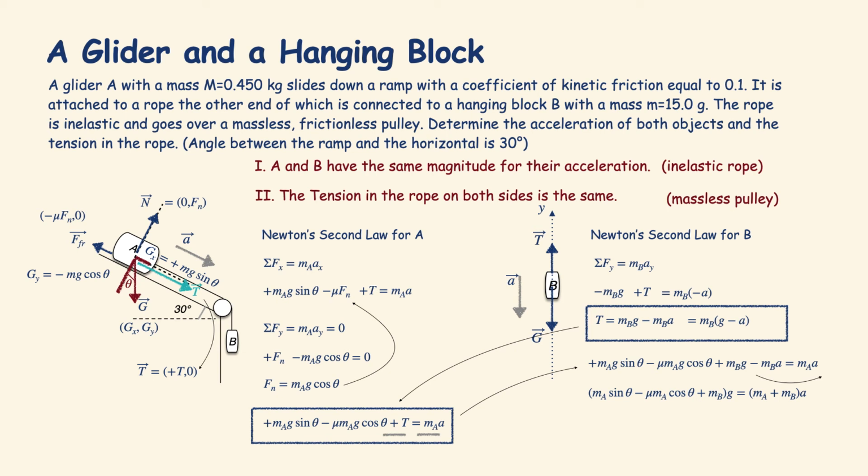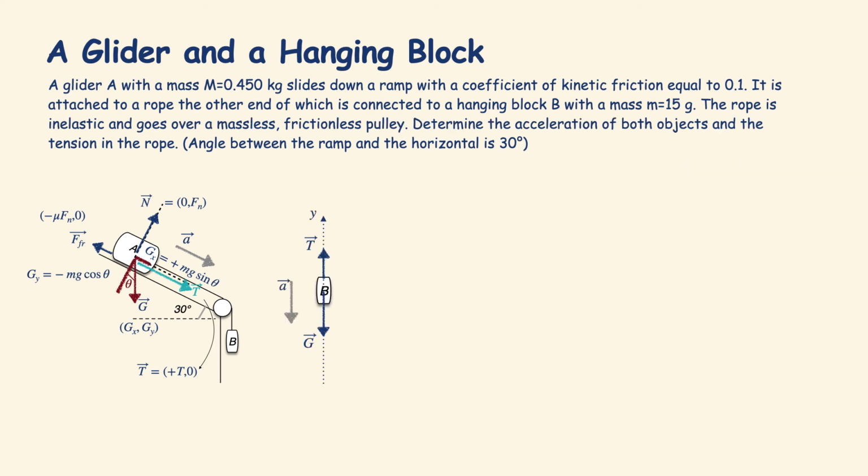So with that, I know what the acceleration should be. The magnitude of the acceleration should be m_A sine theta minus mu m_A cosine theta plus m_B, divided by m_A plus m_B, multiplied by g. Let's open up some space here. I've kept the free body diagrams with the components and the vectors, and I'm going to copy the equations of motion, the two equations that will give me the solution to this problem.